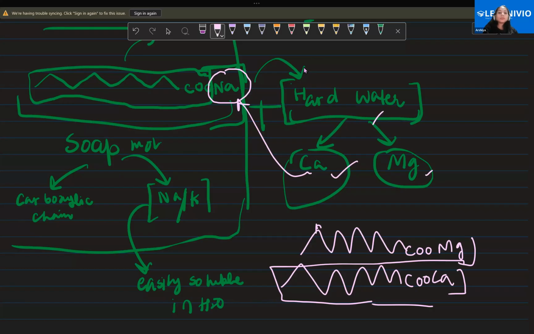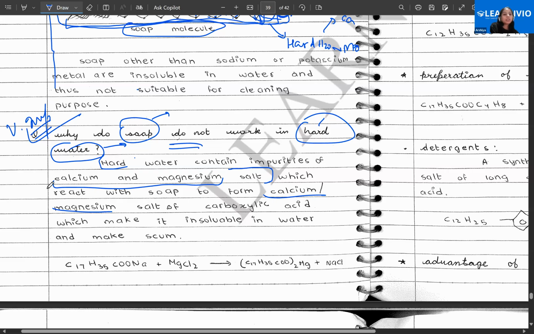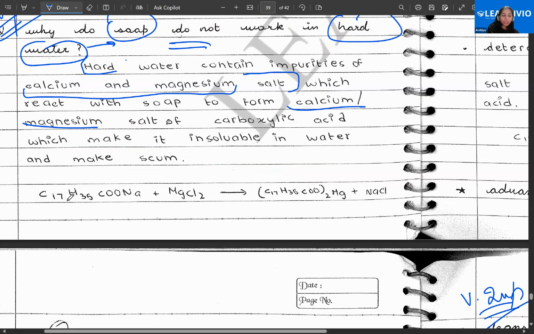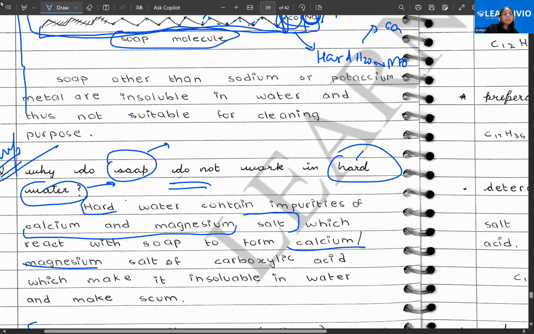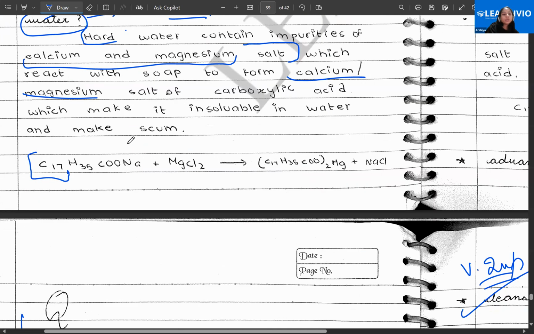No, ma'am. So the magnesium and calcium replace sodium and potassium. We can see that in this reaction. They took a chain of 17 carbons, because remember, we have a long chain, and they have added carboxylic acid and sodium.